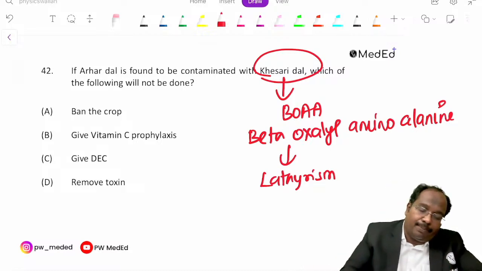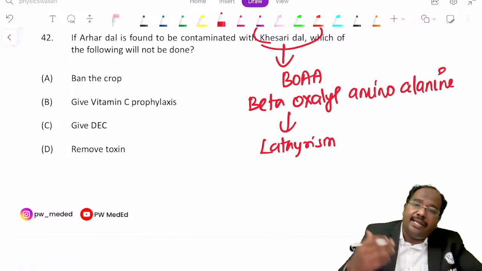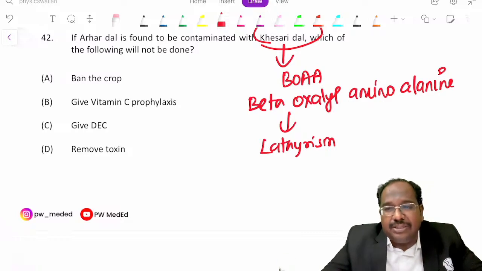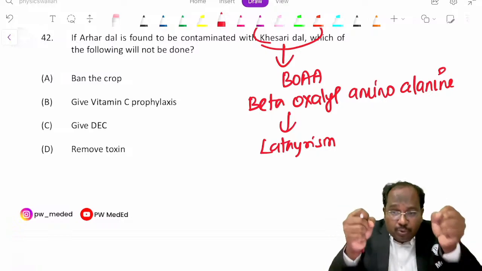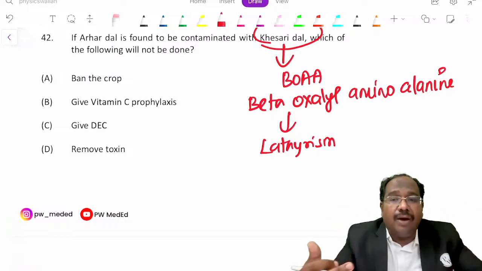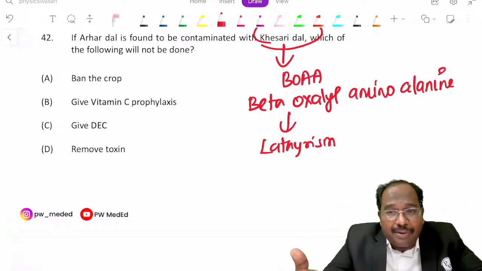It goes through various stages: latent stage, no stick stage, one stick, requiring a stick to walk, two sticks to walk, or they can go for crippling.